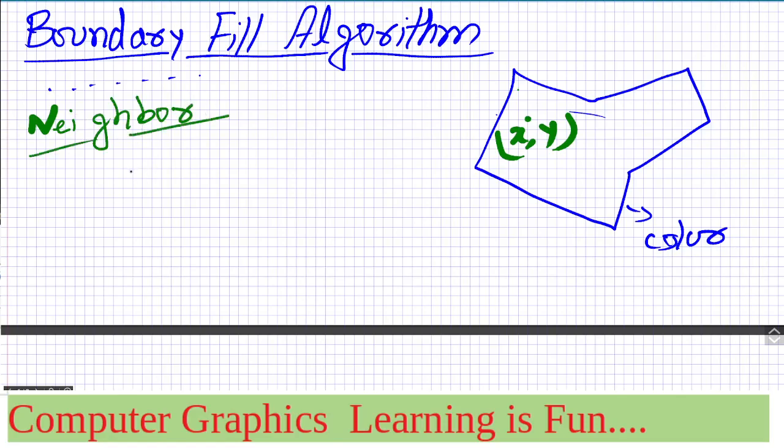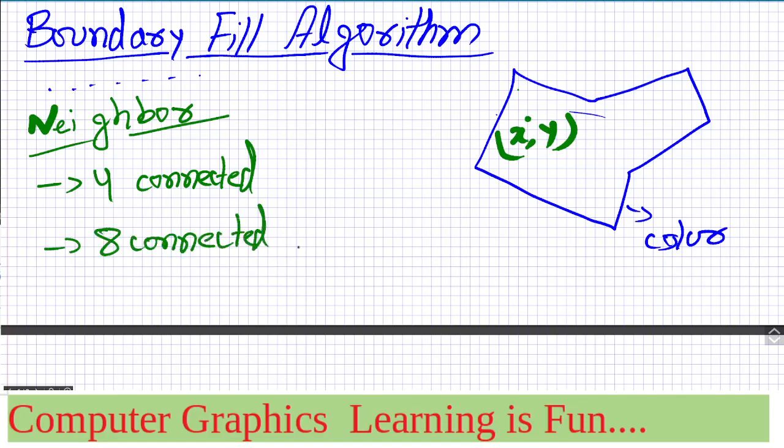Okay, so this neighborhood can be 4 connected or 8 connected, which means whether a coordinate, if it is 4 connected, that means it is connected to its neighboring 4 pixels.